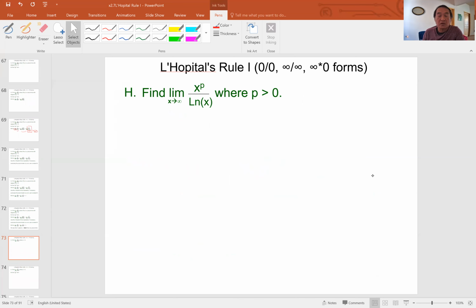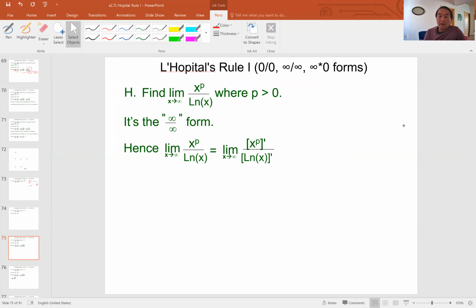And likewise, any power, even the square root of x, for instance, p is 1/2, then I'm talking about the square root of x. If I'm asking about the square root of x over log x as x goes to infinity, where does this go? Well, it's infinity over infinity form, so I can apply L'Hopital's rule once, and then we have it.